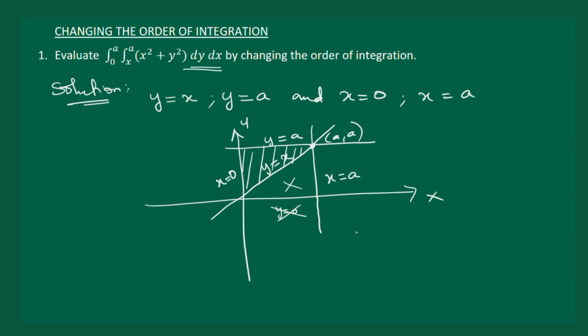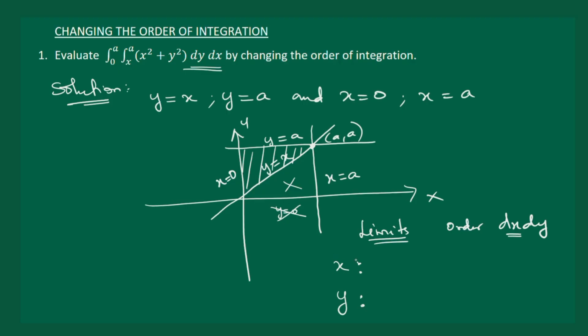After identifying the region of integration, now we have to identify the new limits. New limits means we have to change the order to dx dy. So dx dy means first is x. First we have to identify the limits for x, then the limits for y.